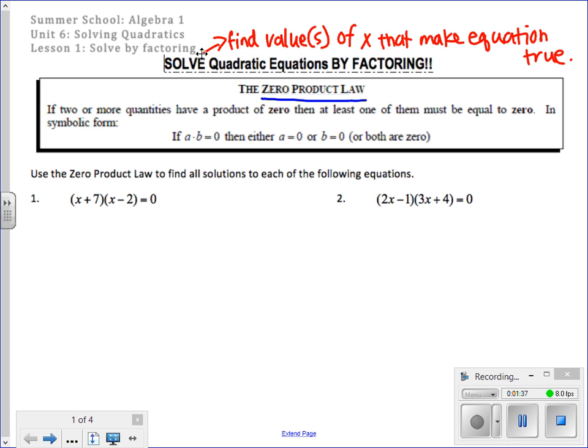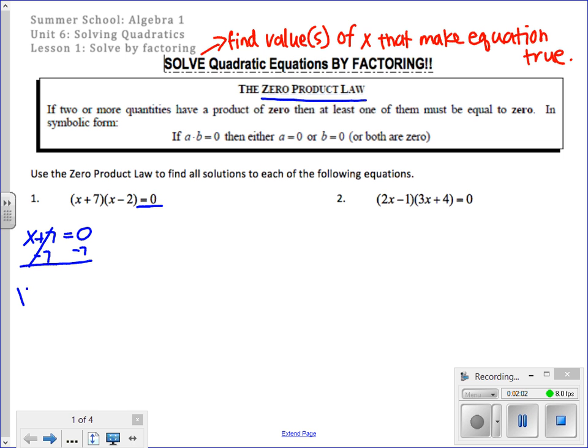Once you've factored a quadratic and it looks like number 1, what you do is you take the first factor and you set it equal to 0. Notice that the zero product law has the whole equation set equal to 0. We want to figure out what are the answers when the equation is set equal to 0. So I take that first factor, I set it equal to 0, and I solve for x.